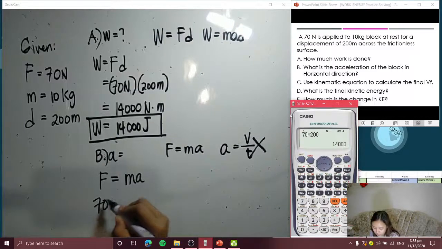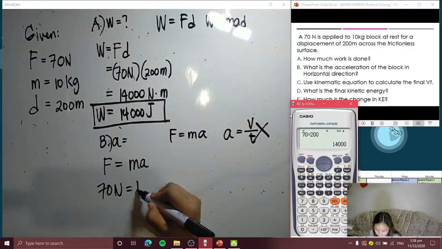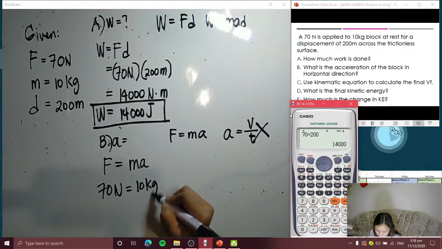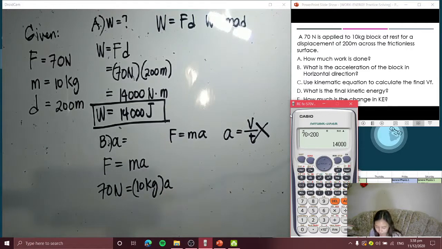Okay, so 70 newtons for the force is equal to, for the mass, 10 kilograms times the acceleration. To get the acceleration, we are going to divide both sides by 10 kilograms. But take note, our units are kilograms and newtons.